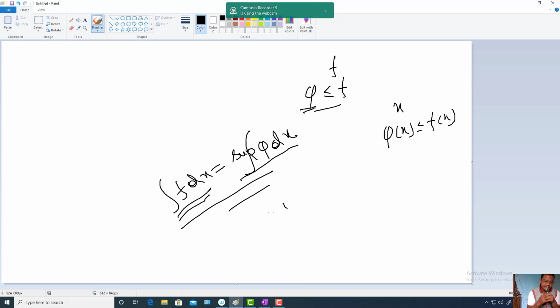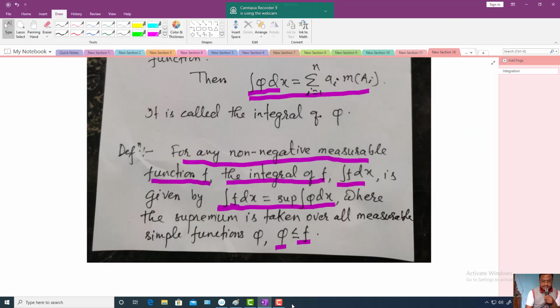Try to understand clearly how the definition is defined, how we borrow the concept of integration from calculus, then define integration for simple measurable functions, and then for non-negative measurable functions. Next time I will give you some theorems and results, and for today I want to stop here.